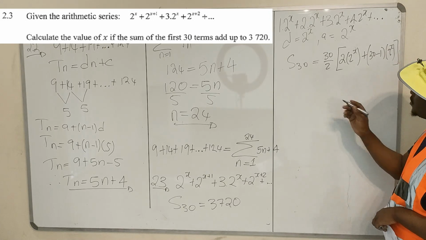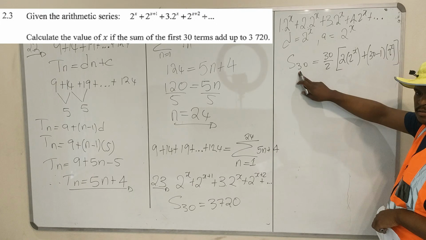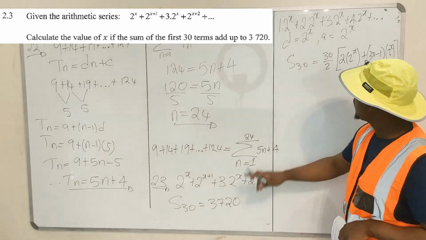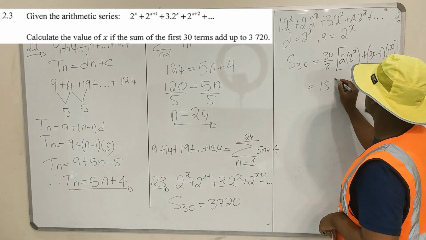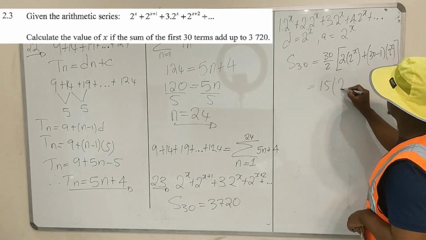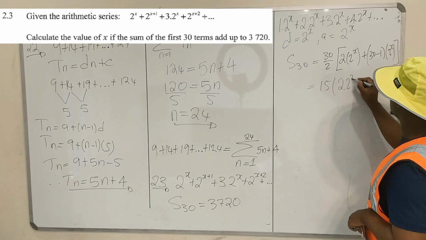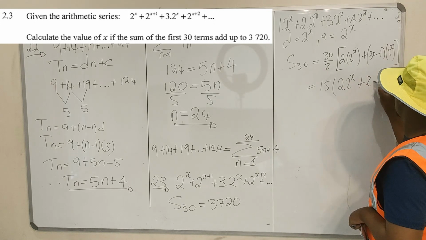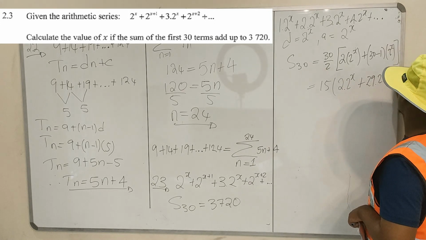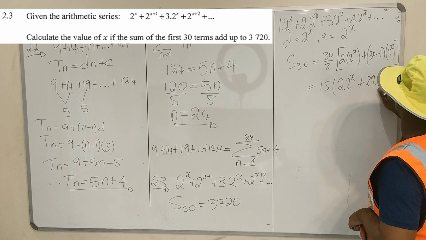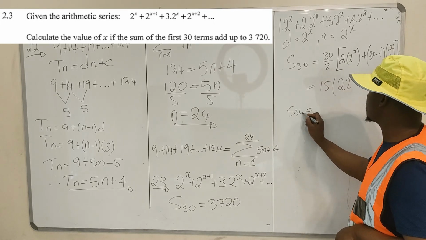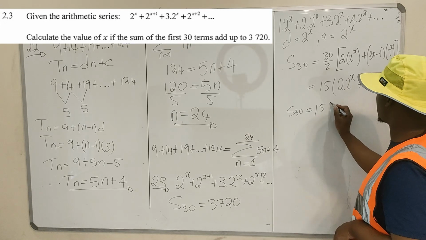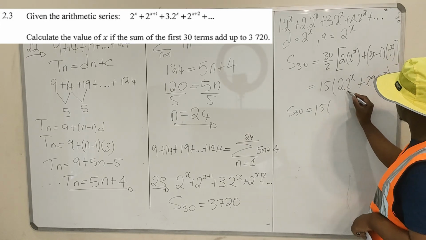Do you understand? But you know what this is. We can just simplify this. You can say, okay, we have 15 times 2 raised x plus 29 times 2 raised x. So the sum of 30 terms is equal to 15 times this and that.